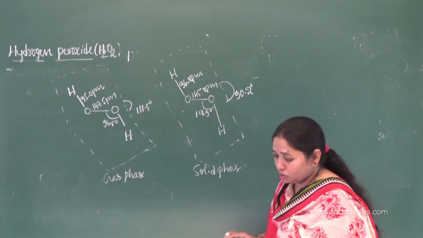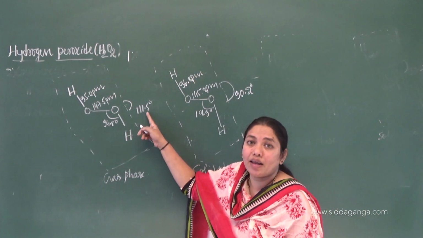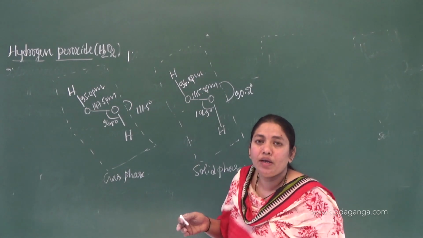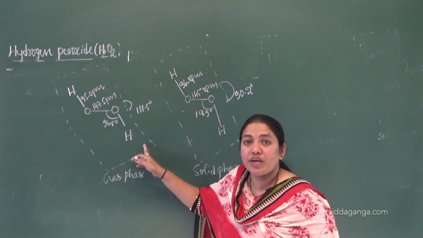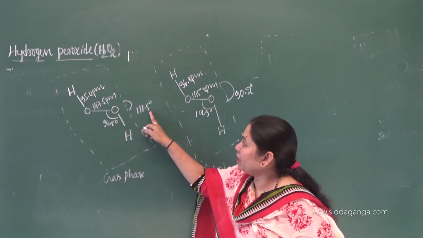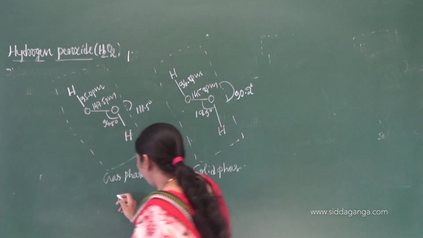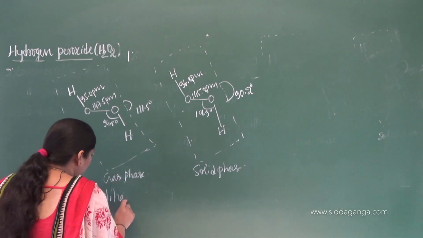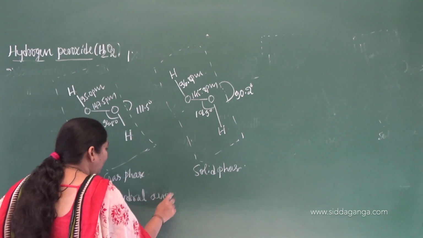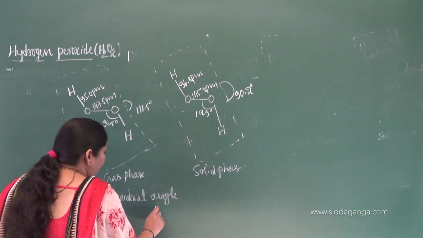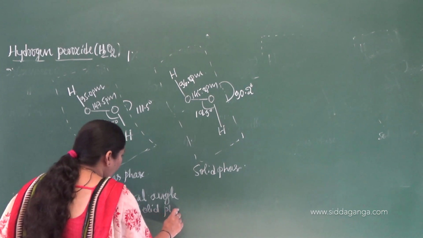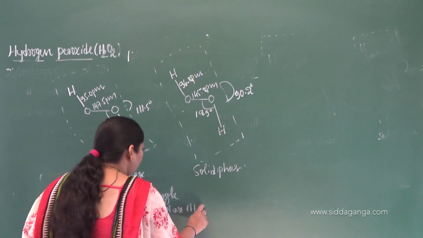So there is a difference in the dihedral angle. This is very important. If you open a book, you get this structure, and that is the structure of hydrogen peroxide. What bond angle is this? Between the two hydrogens, the dihedral angle. In case of the gaseous phase, it is 1.5.